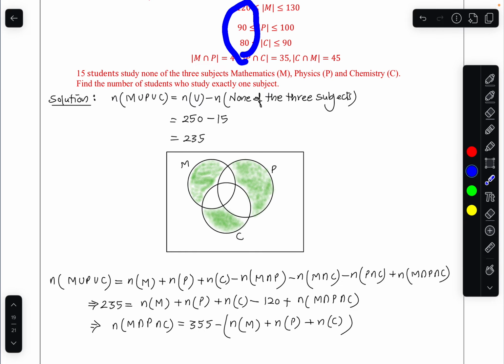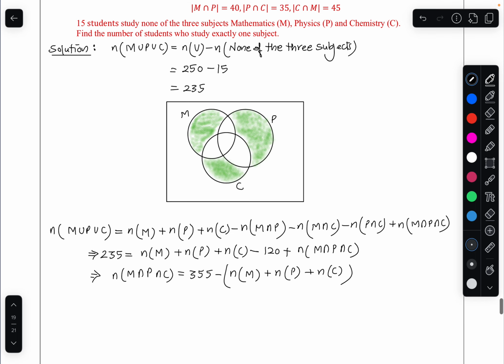The minimum possible is 120, 90, and 80. So when I use that, let me call this quantity X here. Once I take the maximum here, this would be minimum. When I take the minimum here, this would be maximum.